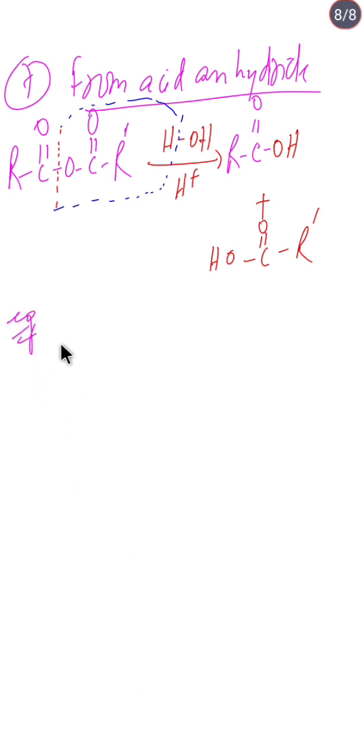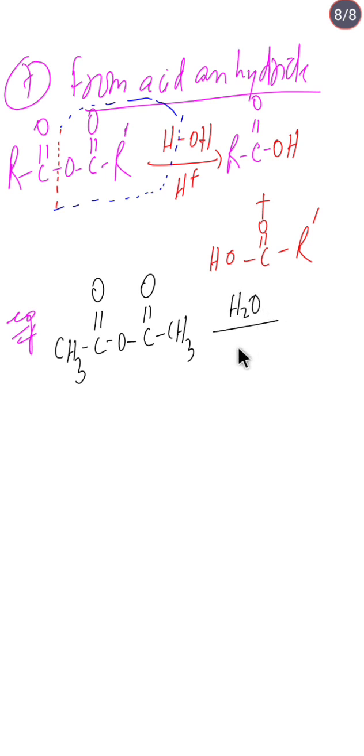This is our acid anhydride, CH3C double bond O, O, C double bond O, CH3. This is a symmetrical anhydride, and if it is reacted with water in presence of an acid, this bond is broken to obtain this carboxylic acid plus this carboxylic acid.